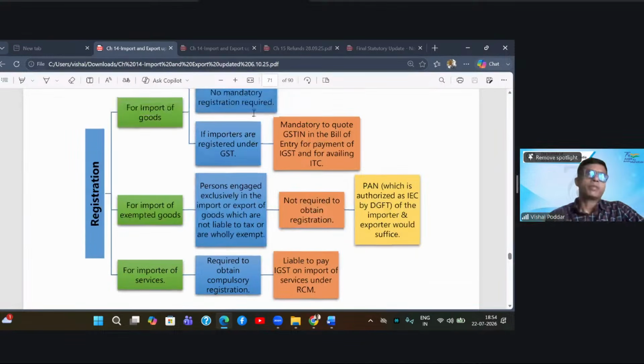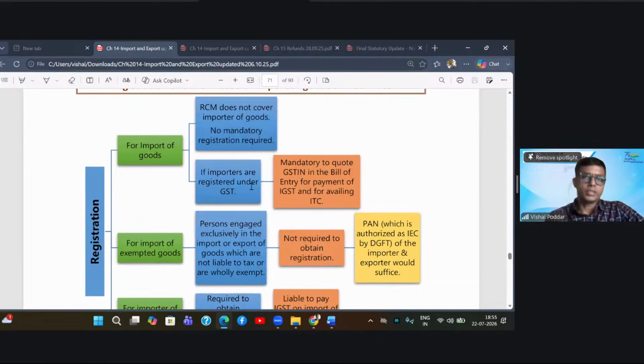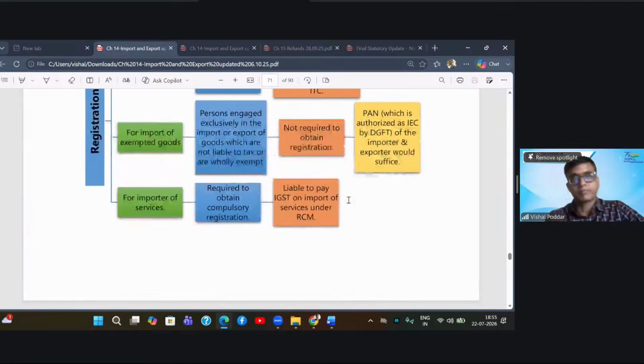However, if the importer is already registered under GST, then it is mandatory to quote the GSTIN of such importer in the bill of entry for payment of IGST so that the importer can get the credit.